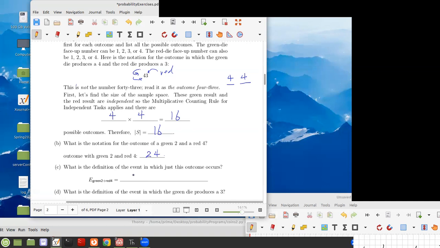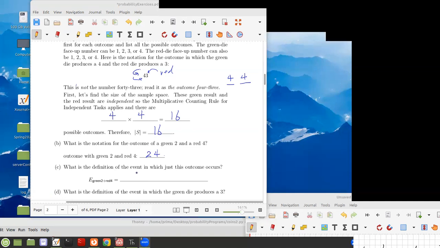I'll let you answer if you want. What should I write here for the event in which just this outcome occurs? Dipanshu, what do you think? Maybe 2, 4, and curly braces. Yeah, so you have curly braces because an event's a set, and you write 2, 4 like that. That's it. And this connotes one element. So if I had an event with 2 elements, it would be 2, 4, comma, something, comma, something.